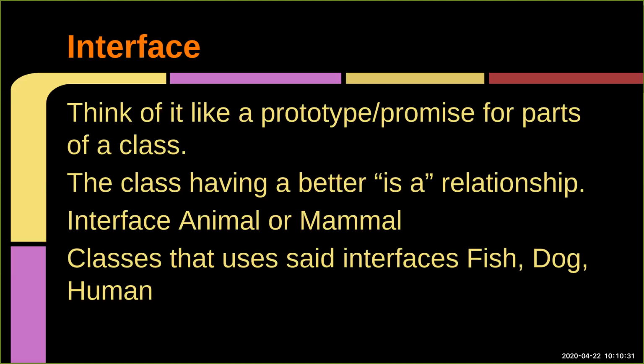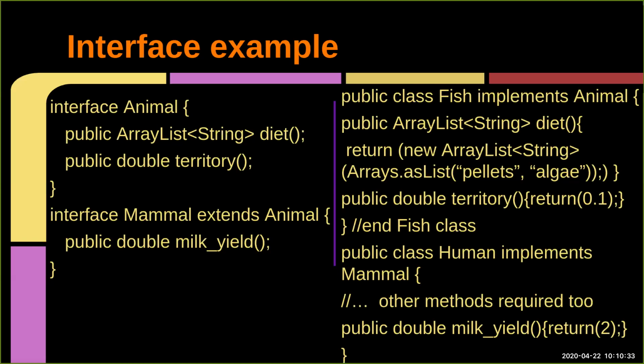So let's look at an example. Here's 2 interfaces. We have our base animal, and it's going to return an array list of type strings, and it's called diet. Here we could put in lots of strings of the things that whatever that animal eats. And then we have a territory which returns a type double. That would be what the animal's territory is, how big of a territory it has. And maybe a particular animal doesn't move at all.